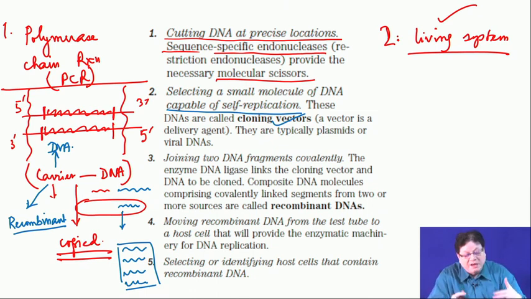When it is put in a bacterial cell, usually that is a bacterial cell, and then when the bacterial cell grows, then each cell has this cloning, this is now a recombinant DNA.